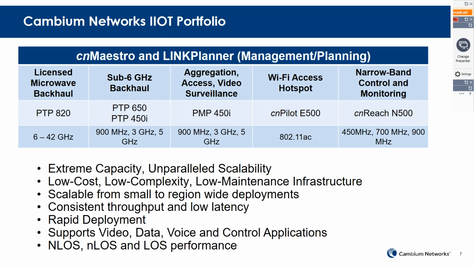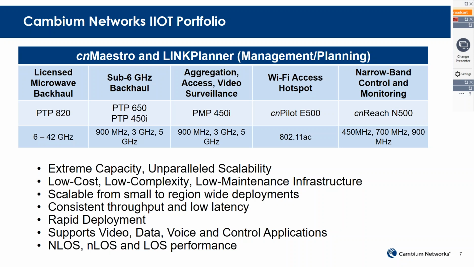It has very high capacity and can provide more than 1 gigabit per second of data throughput. And then we have the unlicensed sub-6 gigahertz backhaul, the PTP 650 and PTP 450, which operate from 900 megahertz to 3 gigahertz to 5 gigahertz.